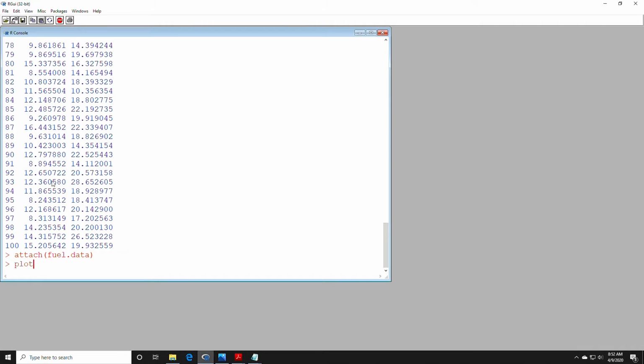So now I can use those labels, fuel and load. If you don't attach the data set, you cannot do that. You have to use that thing where you put a bracket, comma 1, bracket, comma 2, which can be annoying. So plot X is load, Y is fuel consumption.